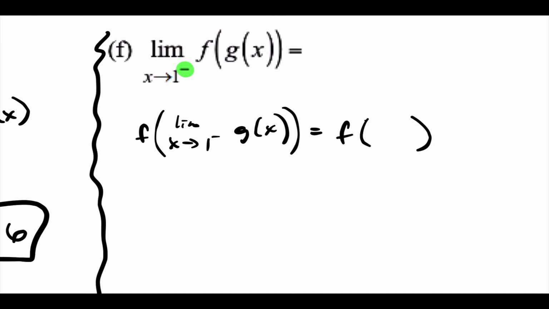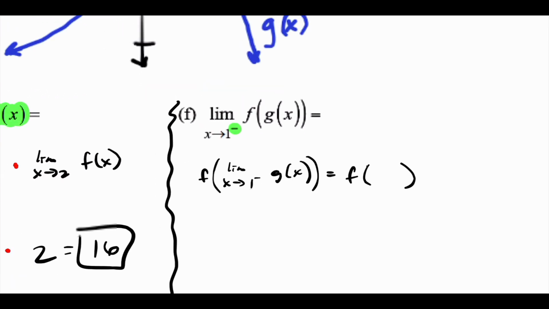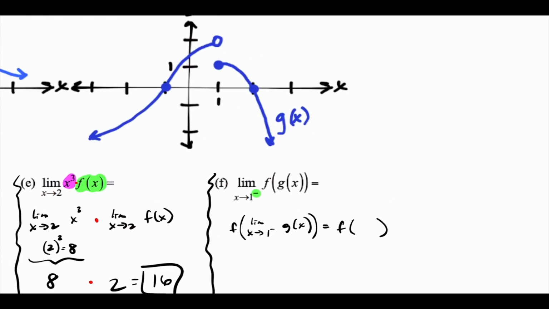So let's find the limit as x approaches 1 from the left side for g. What is the limit for g as x approaches 1 just from the left? It's looking like positive 2, because the limit at 1 doesn't exist, since they don't meet at 1.